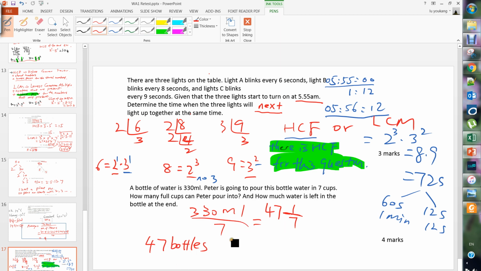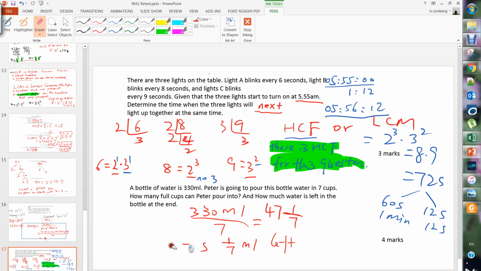A lot of students will think 1 over 7 milliliter is left. Is it true? They think that, yeah, 47 bottles, and then 1 over 7 milliliter left. Is it true? The answer is no.